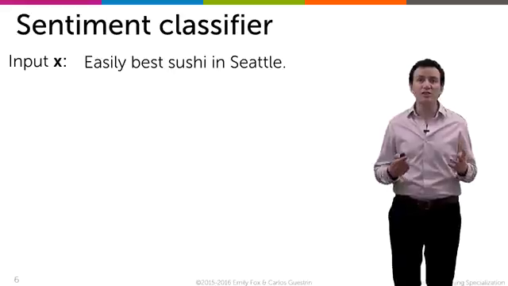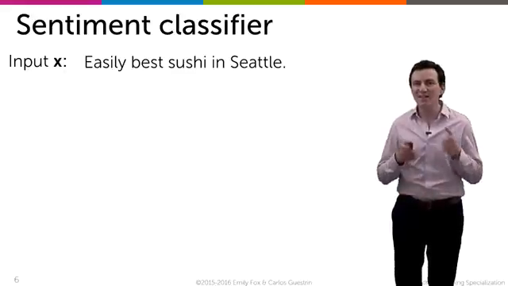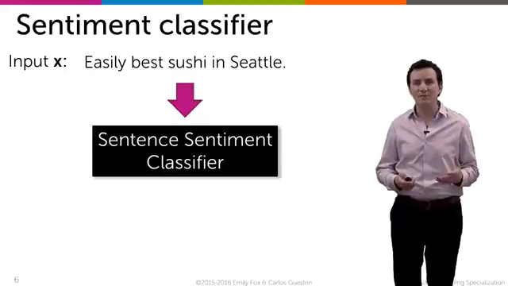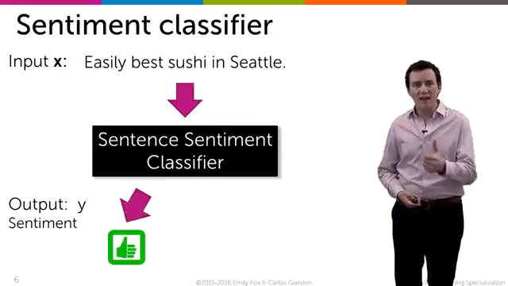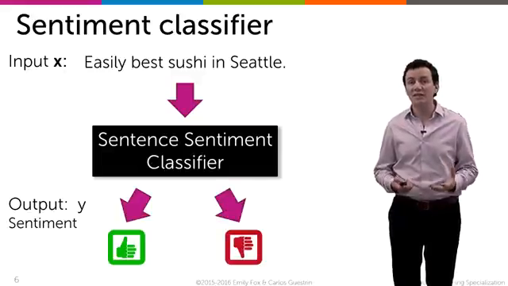The example that we discussed in the first course was a sentiment classifier, where we're given an input sentence X, like "easily the best sushi in Seattle." We fed that through the sentiment classifier, which then told us an output Y that was either, yeah, that is a positive sentence, or nay, that is a negative sentence.